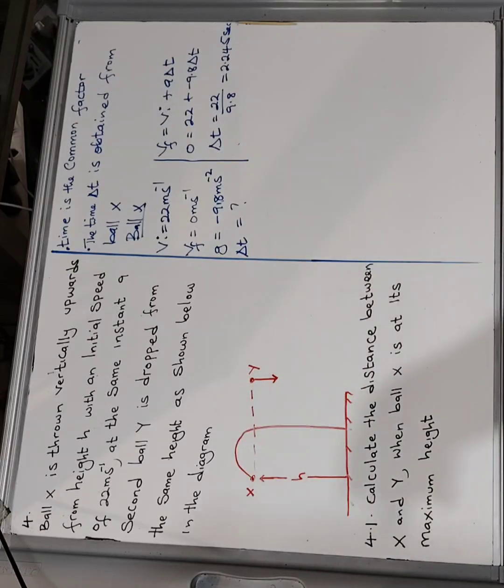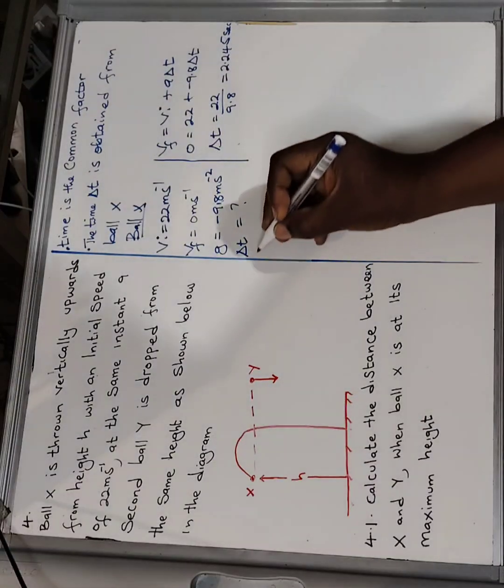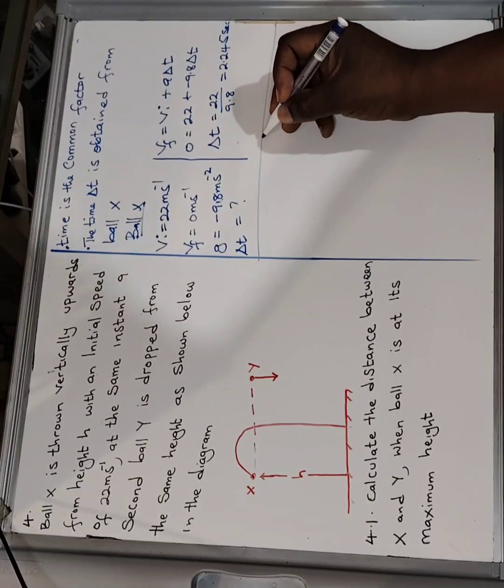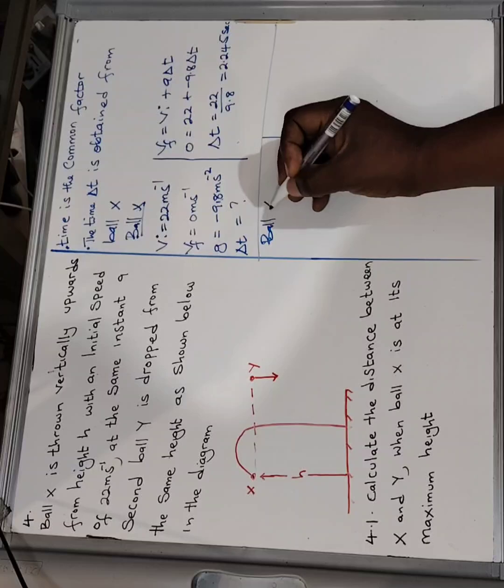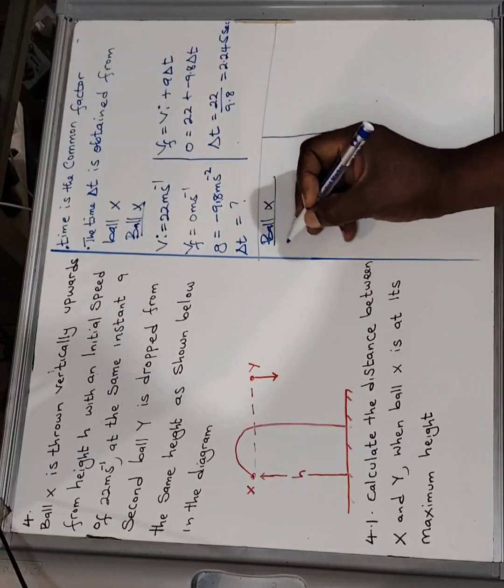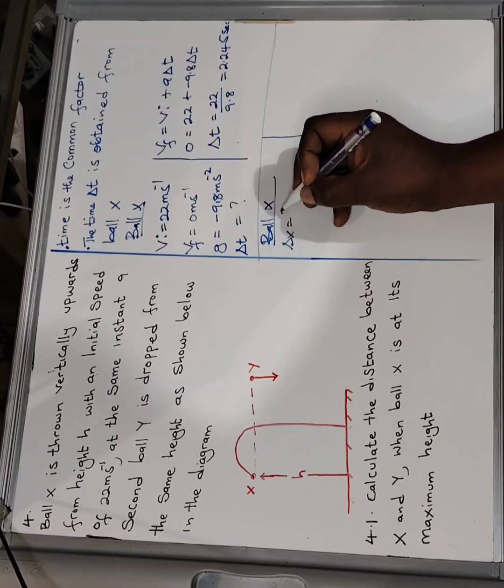After that, you add the two displacements. Let us divide this one into two. This side, let us call it ball X, and we are calculating displacement.